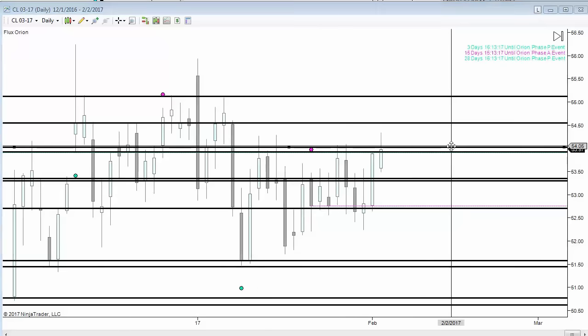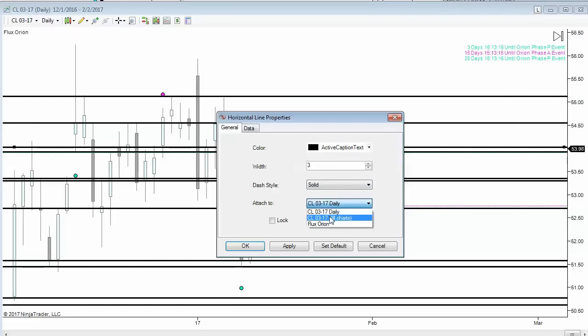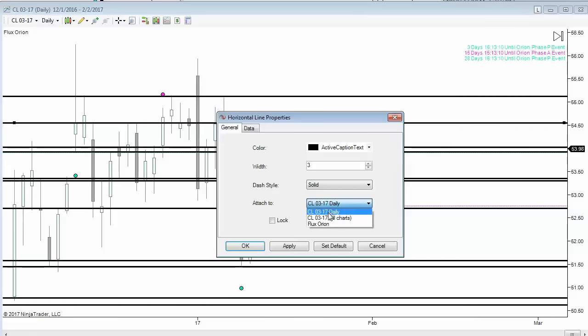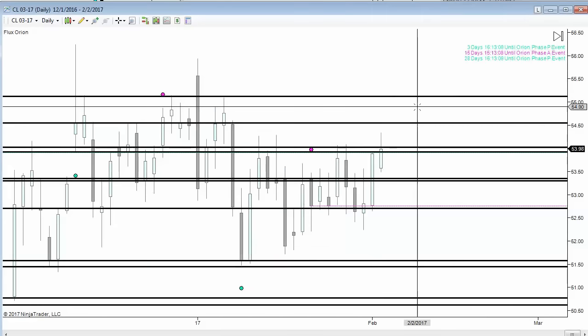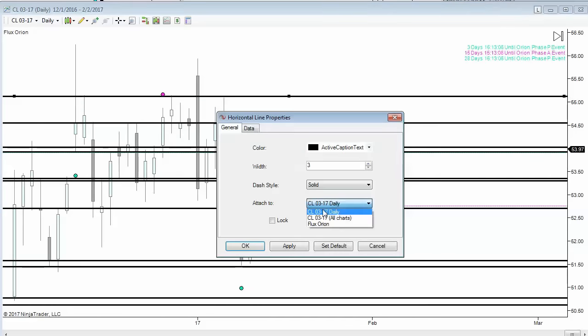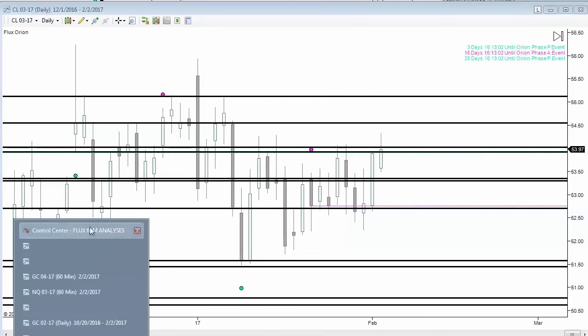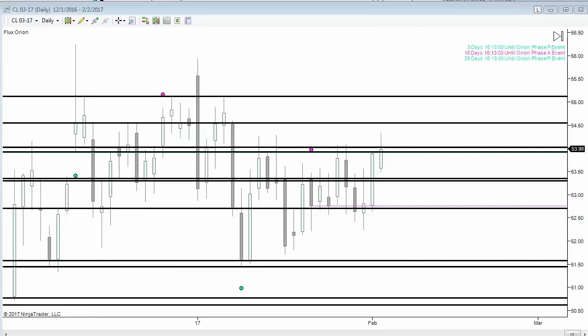You'll find that CL uses these levels as rest areas, as stop points. And that's good news for you because after a thorough study of these phenomena, you can decide for yourself if in fact you want to use them as support and resistance.